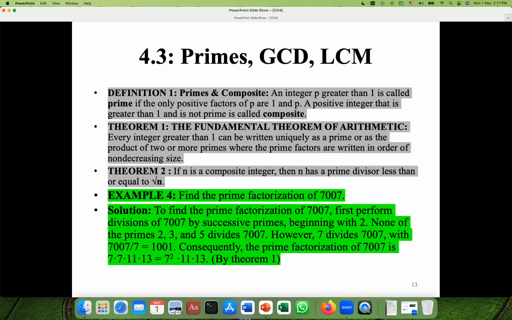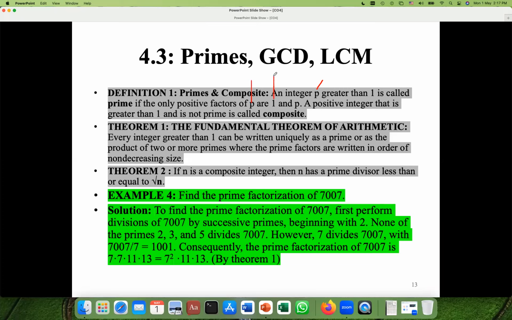If we are given some integer, and that number is p, and it is greater than 1, so this is now the condition, greater than 1, then the number is prime if it can be divided only by p or 1.